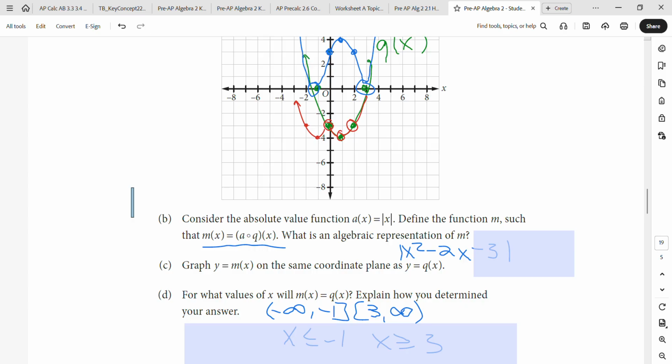When we did the other one, it was where did it share the same input values. So yeah.